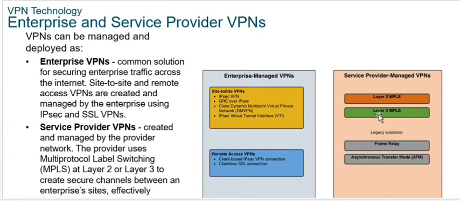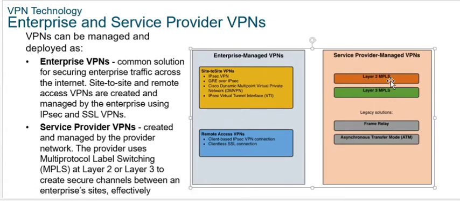So you can see that over here in the service provider slide, the layer 2 MPLS and layer 3 MPLS is controlled by that ISP. An old solution with less secure methods that we used for point-to-point or office-to-office connections was frame relay, and after frame relay came ATM. Again, ATM is pretty much being replaced by MPLS these days.